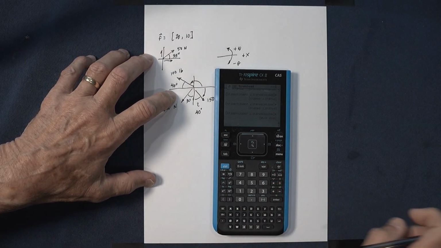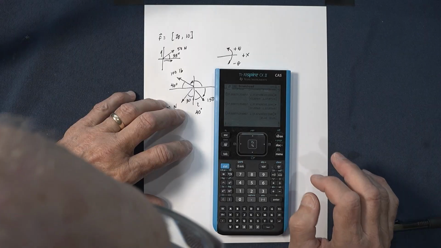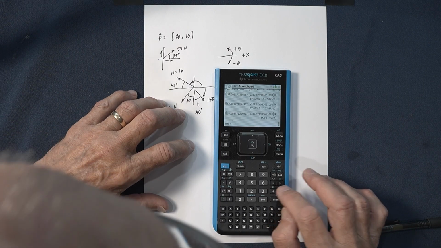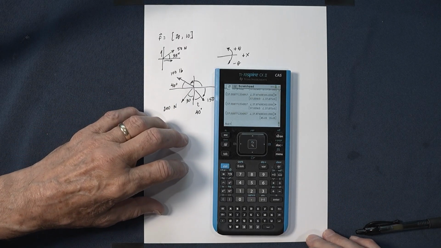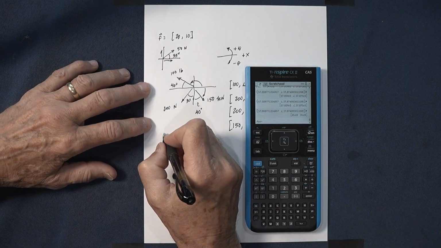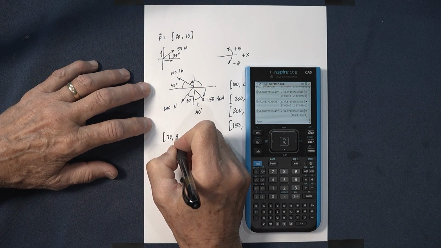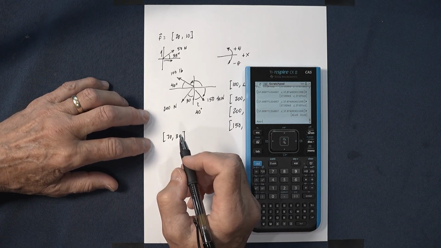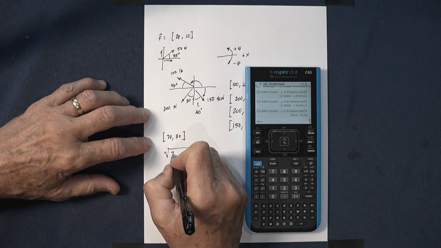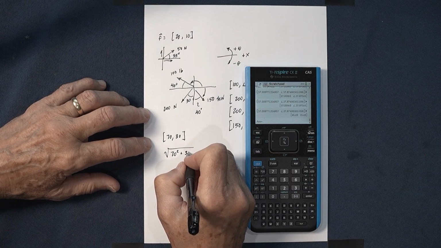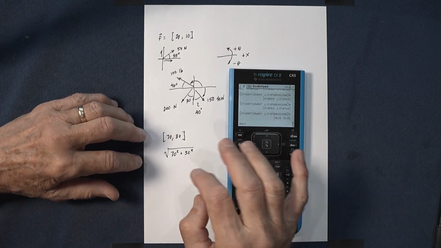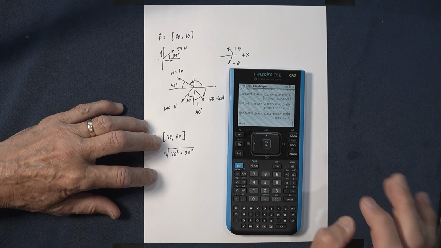Some other vector functions that are helpful. Let me brighten that up a little bit. A few other helpful vector functions: norm. If you have a vector that's, let's say, 70, 30, 70 in the i and 30 in the j, and you want the norm of it, in other words the square root of 70 squared plus 30 squared, which is the length of the actual vector, rather than taking the square root of that, just go to the norm function.